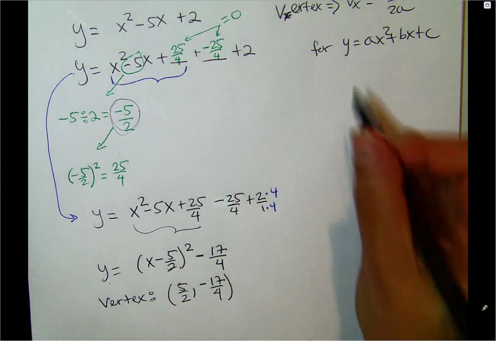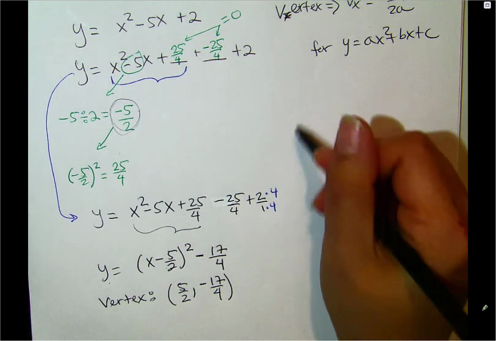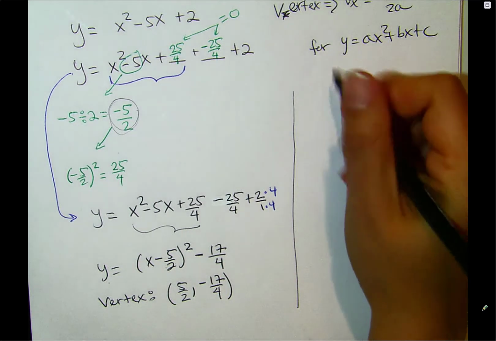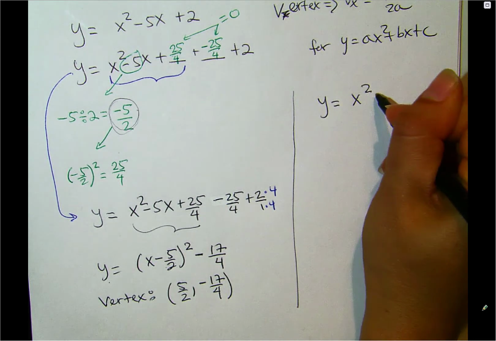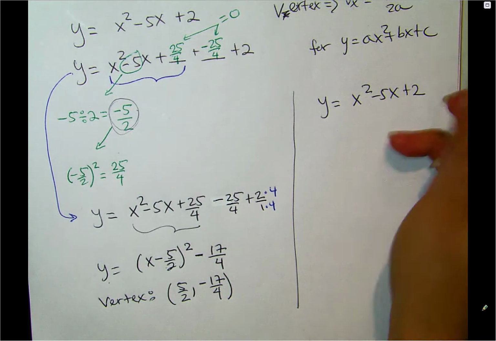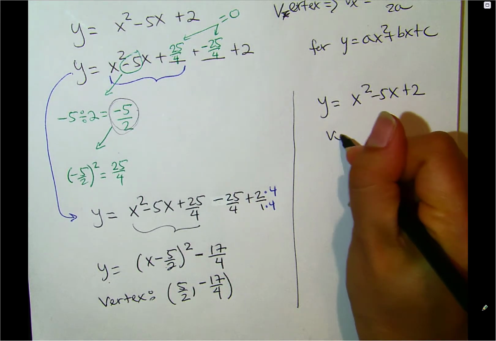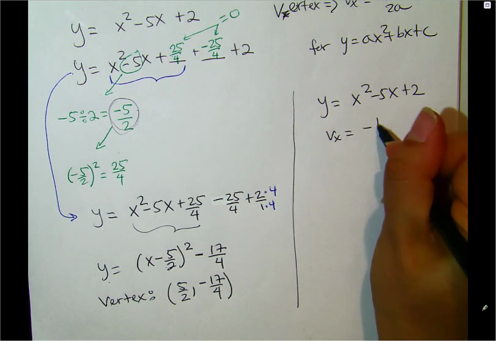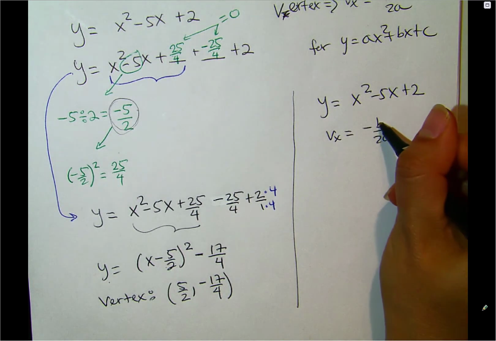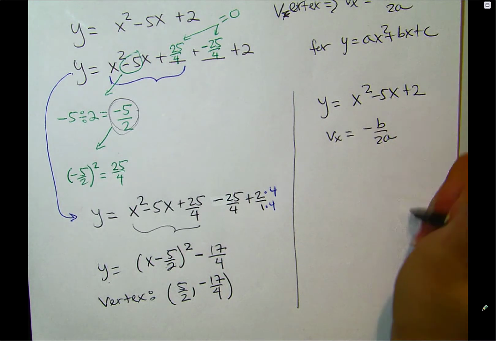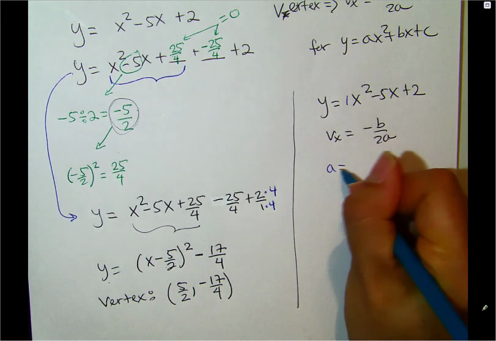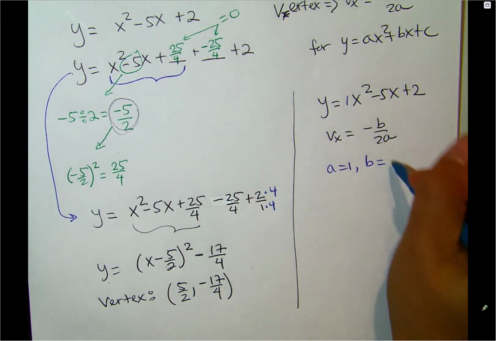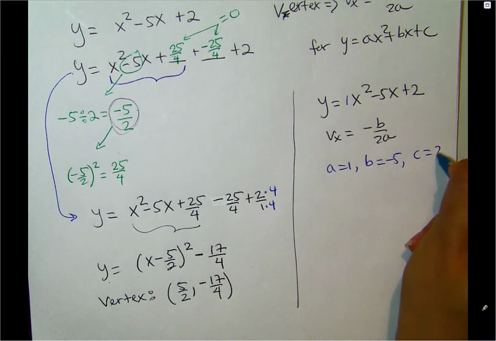So now using this handy little formula, we'll do the parallel over here. So I have y equals x squared minus 5x plus 2. If I say the x value of the vertex is minus b over 2a, I have to know what b is and what a is. So in this particular case, a is 1, b is negative 5, and c is 2.